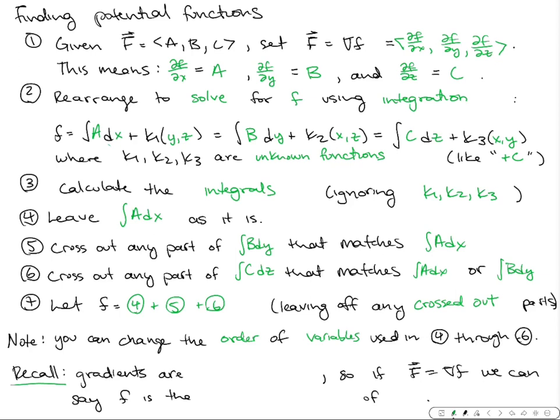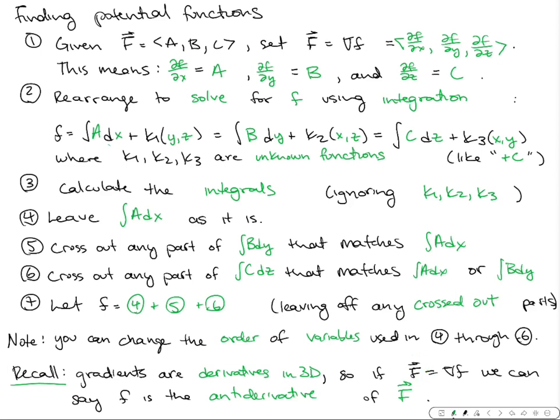If you recall back to when we learned gradients, gradients are a way that we calculate derivatives in 3 space. So if capital F is a gradient, and then little f is something we solve by integrating F, we can think about f as being the antiderivative of the vector field F. So a gradient, grad f, which would give you a vector field like capital F, is a derivative.